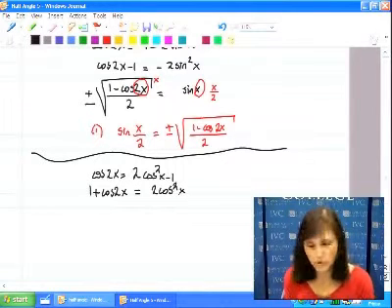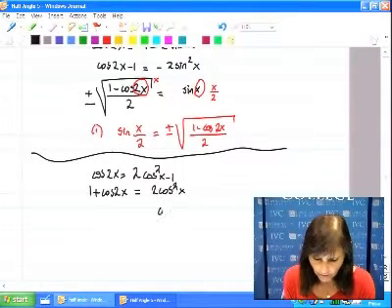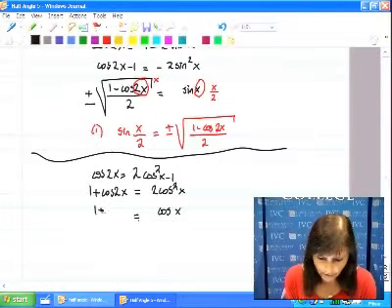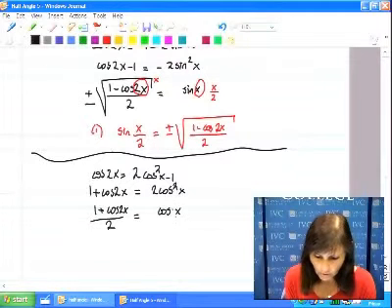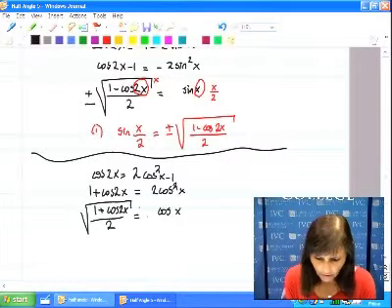Divide both sides by 2. You'll get cosine squared x equals 1 plus cosine 2x over 2. I take the square root, and I will end up with a square root and a plus minus.